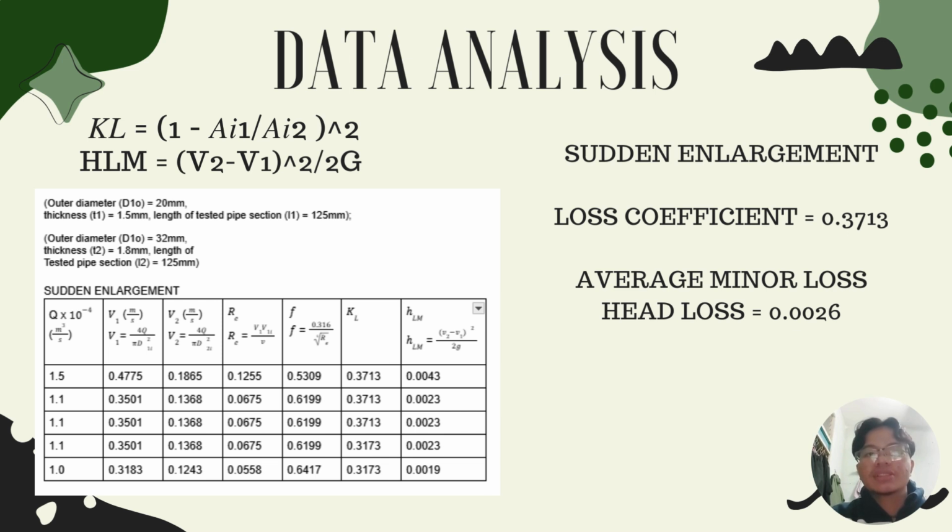For sudden enlargement, the formula that we use is KL equal to (1 minus A1 divided by A2) squared. HLM, the formula is (V2 minus V1) squared divided by 2g. The loss coefficient for sudden enlargement is 0.3713 and the average minor head loss is 0.0026.